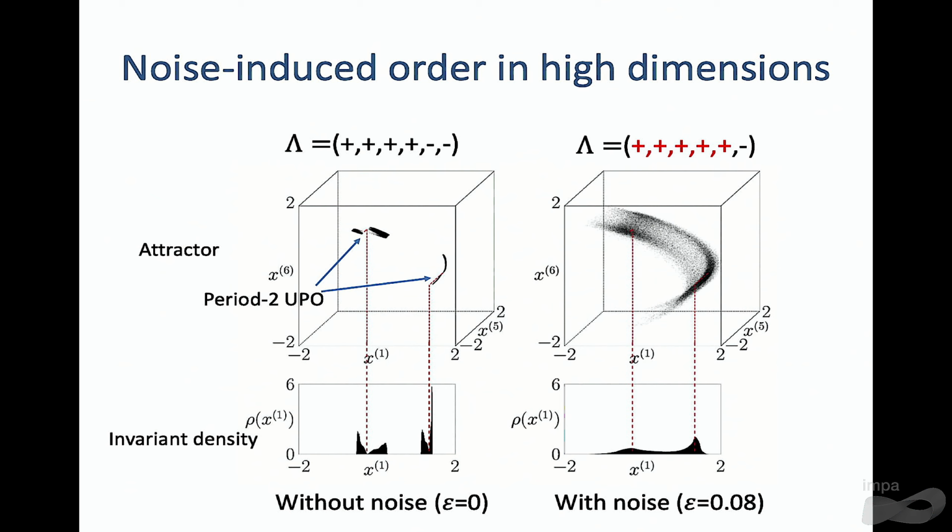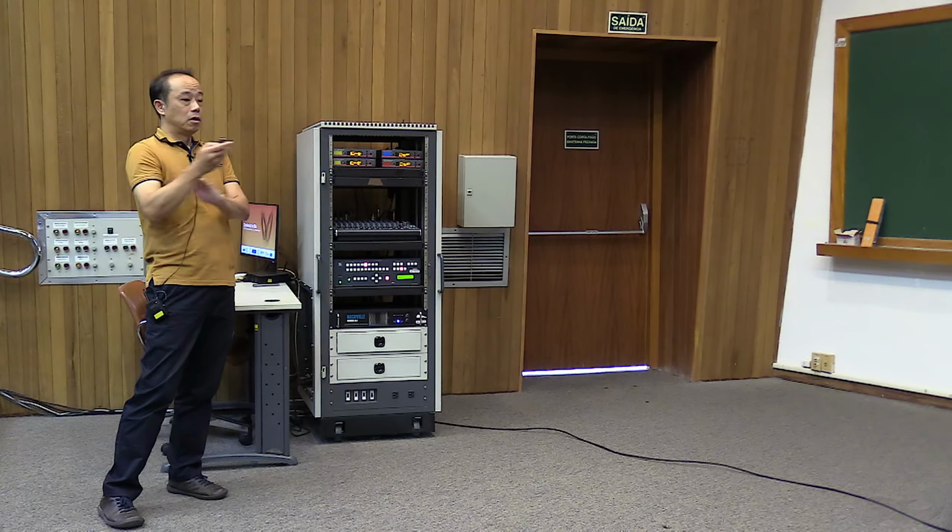And this red one is a period 2 UPO in the deterministic case. In the deterministic case, this UPO doesn't affect this attractor. But with noise, we have a peak near these unstable periodic orbits. So these unstable periodic orbits attract many orbits, and then the density becomes larger.